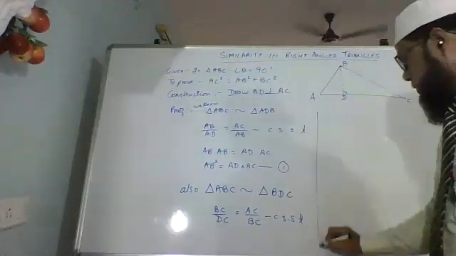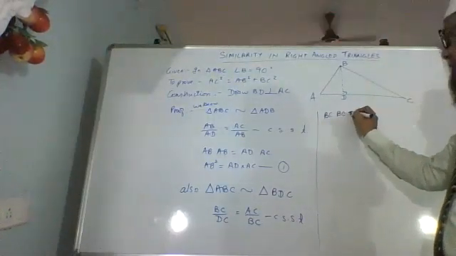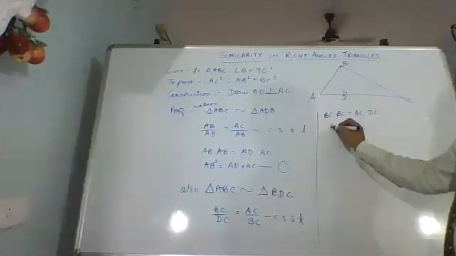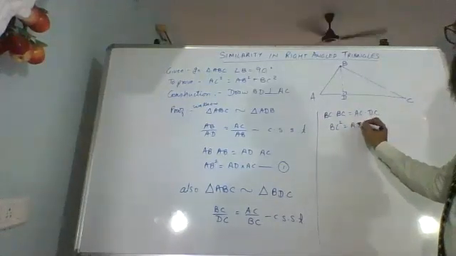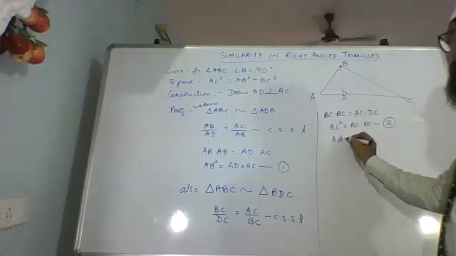Now I bring BC this side, so I have BC dot BC equals AC into BC, that is BC square equals AC dot BC. Call this 2. Add both of them.